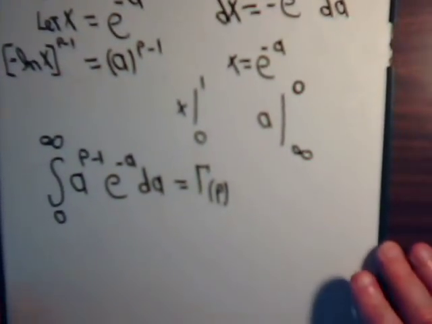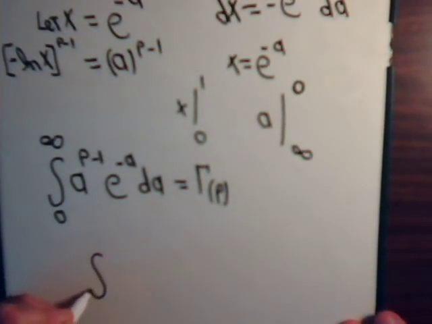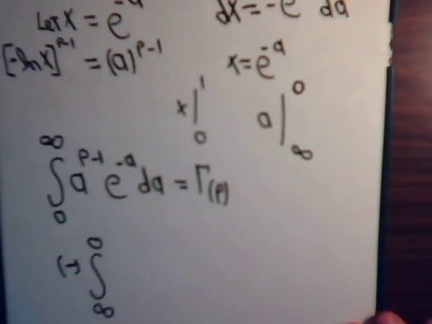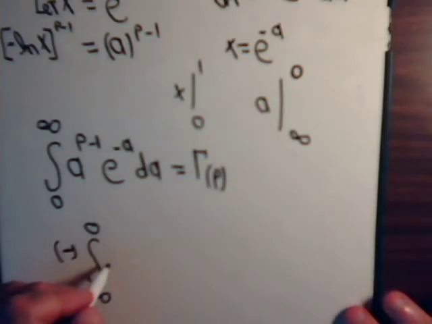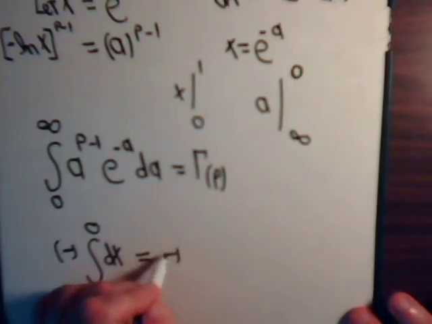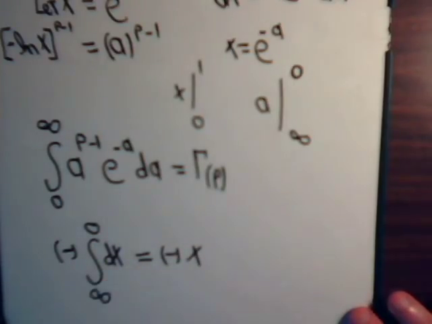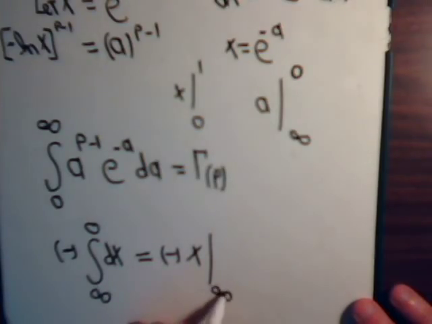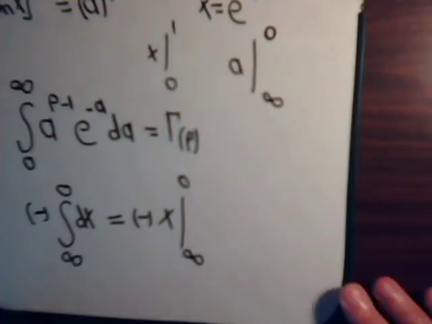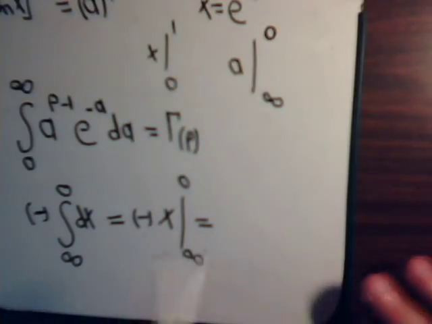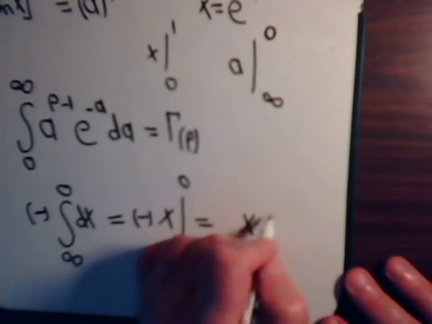And to be clear about this, originally we had it like this. If we have this, say just for some function dx, of course that is equal to minus x evaluated at infinity, 0, or here we have this minus this with a minus sign, or that would be the same thing as plus x.